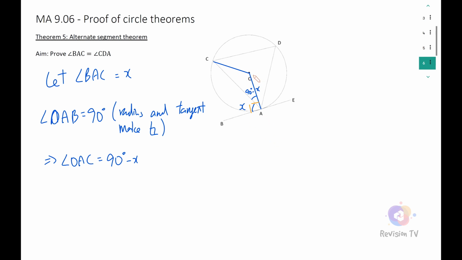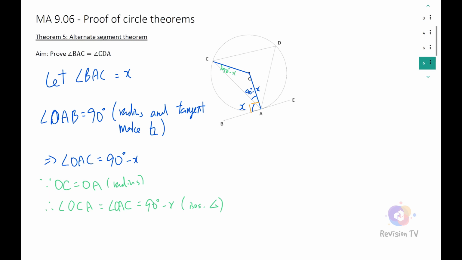Inside a triangle with the center of the circle as one of the lengths, you're using the isosceles triangle again. So because OC equals OA, radius, therefore angle OCA also equals the angle OAC, which is 90 degrees minus x. Isosceles triangle.